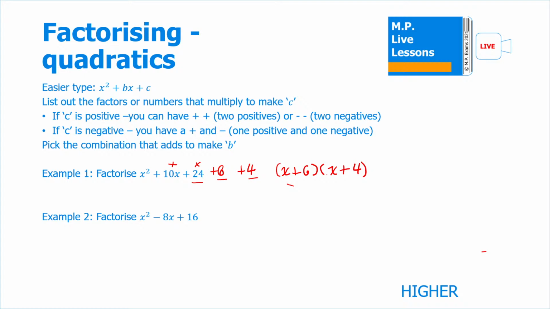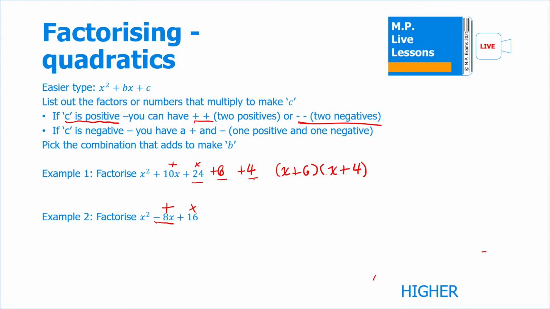Another example can be this. So we want two numbers that multiply to 16 and add to negative 8. Now, as a little hint, if C is positive, so the last number is positive, you can either have two positives or two negatives. Now, it's likely two negatives because we want the factors to add up together to make a negative number.